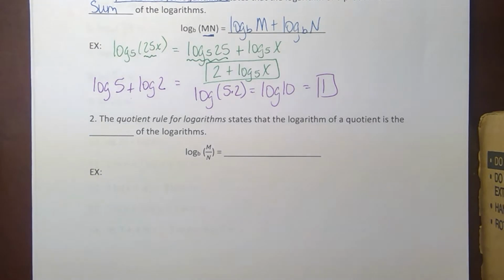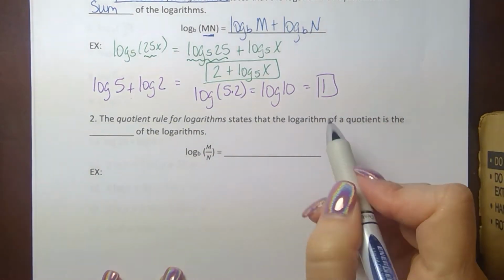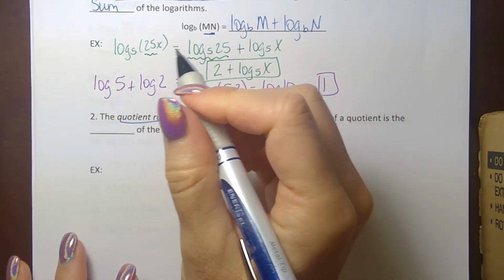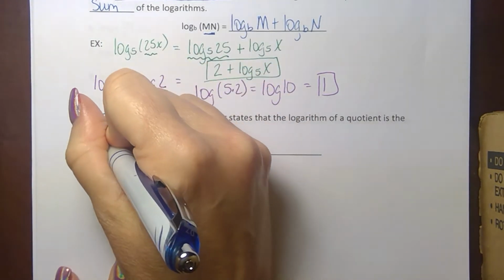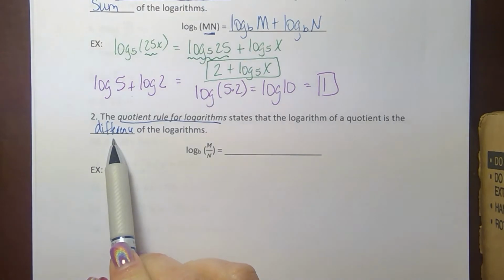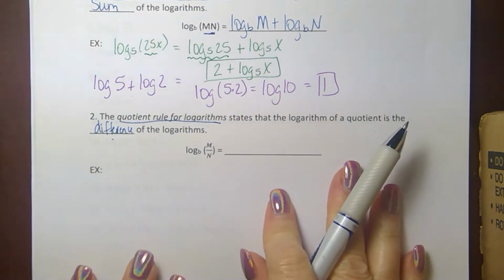Now let's talk about the quotient rule for logarithms. The quotient rule for logarithms tells me that the logarithm of a quotient is the difference of the individual logarithms. Difference is the answer to a subtraction problem. Quotient is the answer to a division problem.